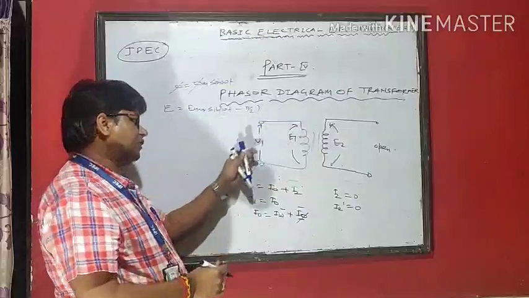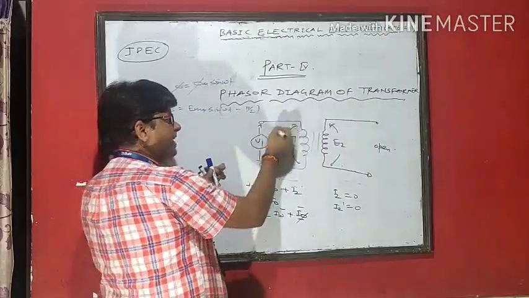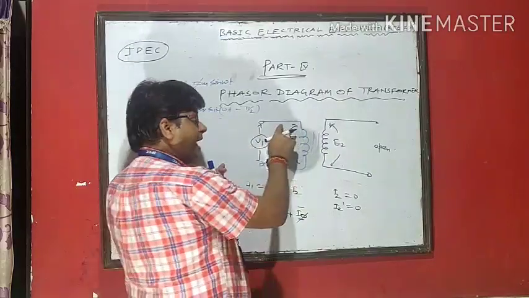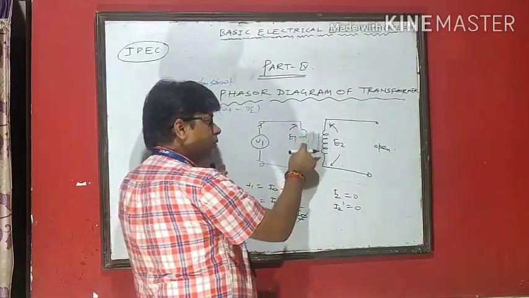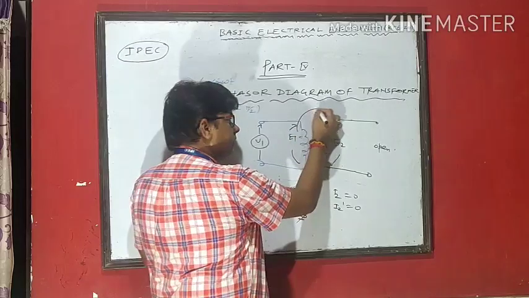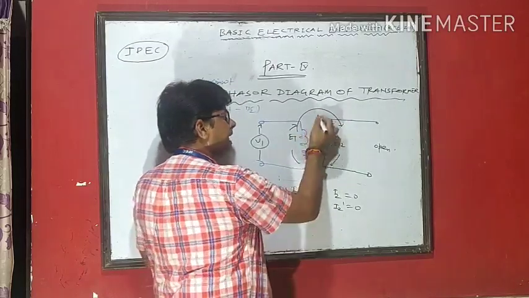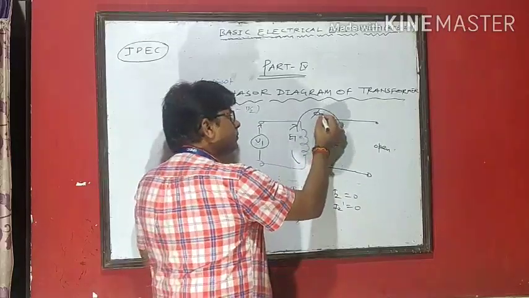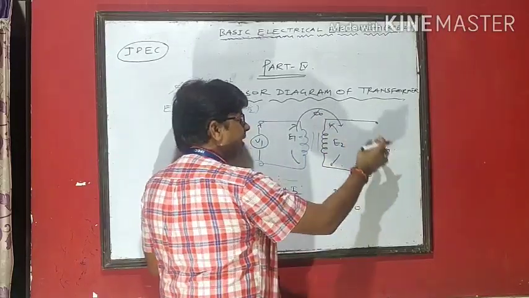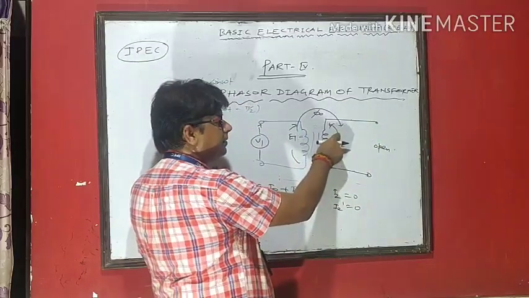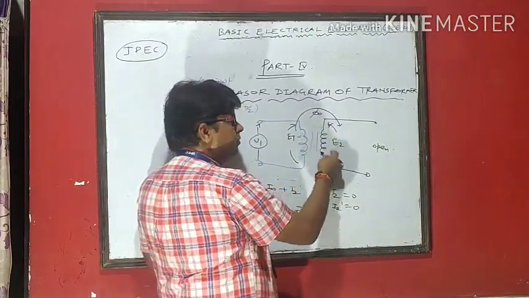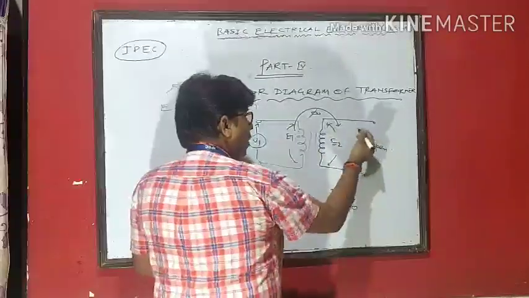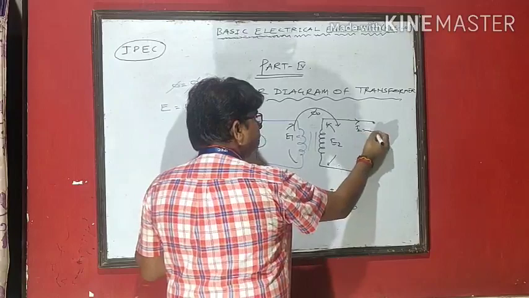As soon as the primary is connected to the supply voltage V1, current starts flowing through the primary coil. This current produces a flux phi in the core. And this flux is also linked with the secondary. The name given is phi 0, because at no load there is only one flux. And EMF is induced on the secondary side. But this is open, so I2 equal to 0.